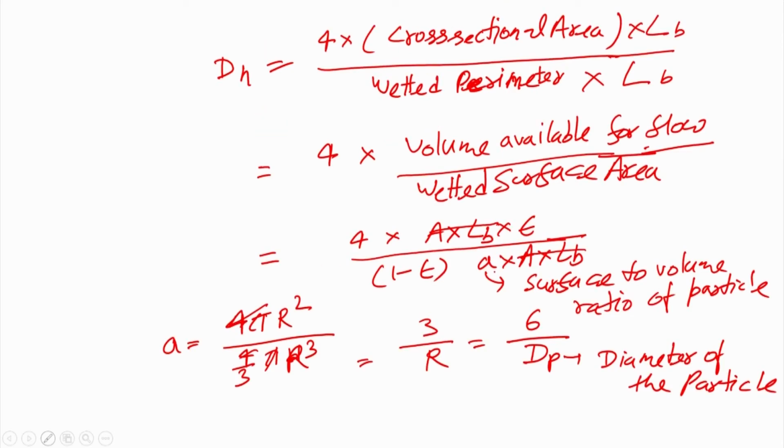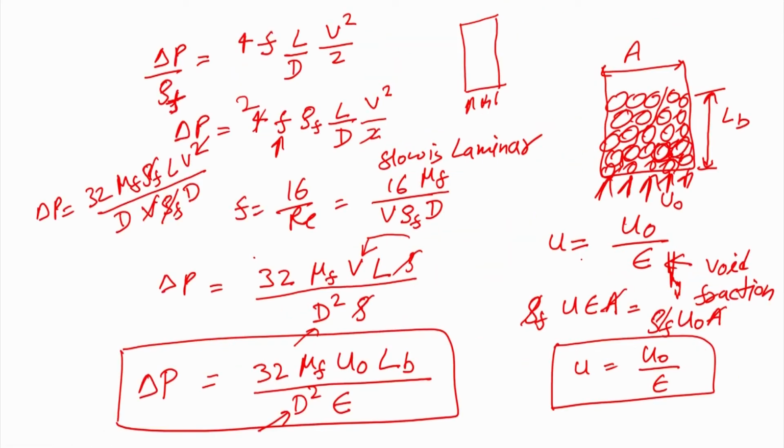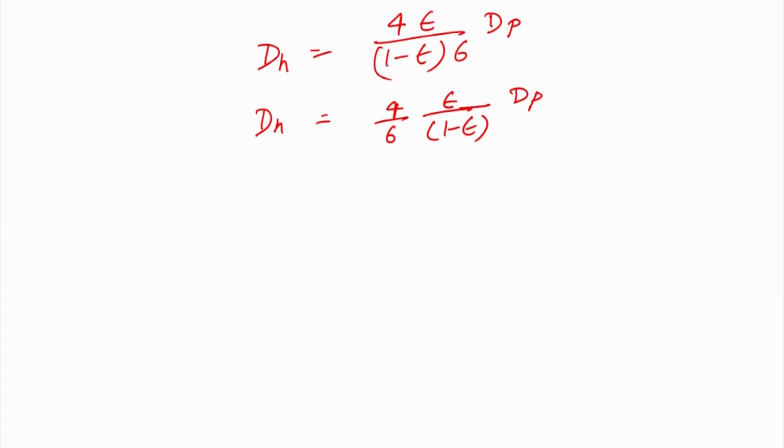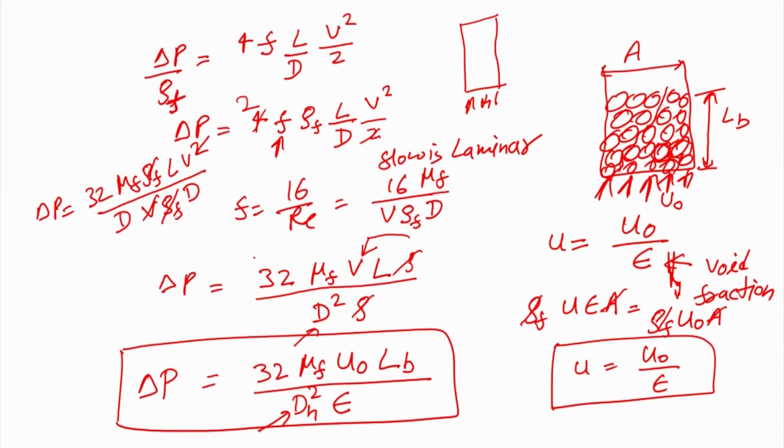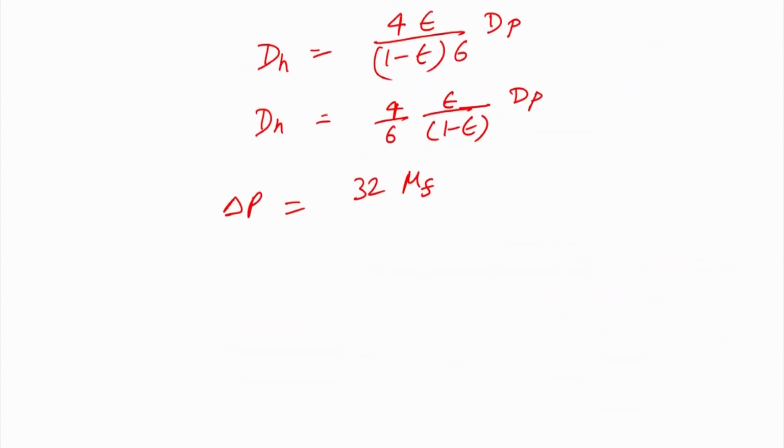So now again I can take this dH value and put it here, and here d will be dH, because I will take the hydraulic diameter instead of the pipe diameter. This will be again modified, delta P will be equal to 32 mu of fluid into U naught into LB upon dH square into epsilon. Now this dH square will be replaced here, so this will be 32.